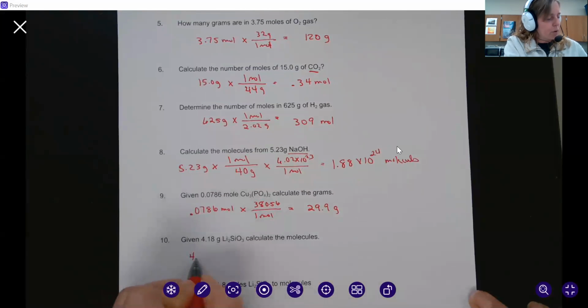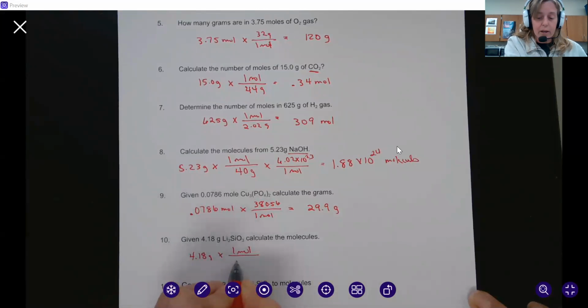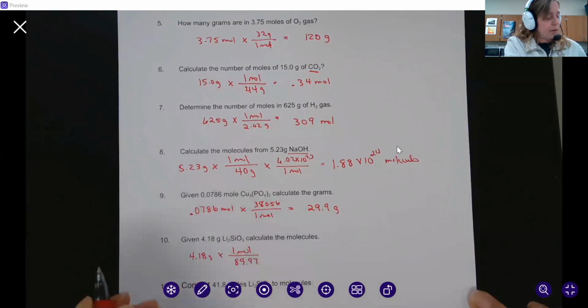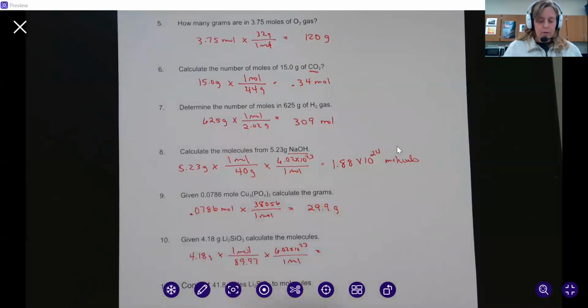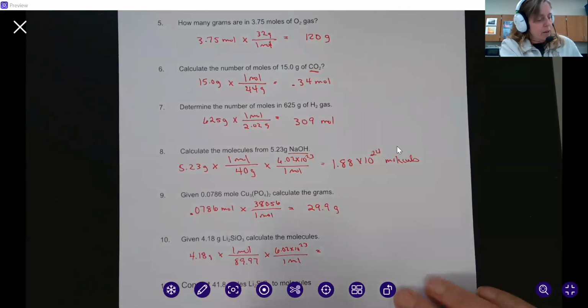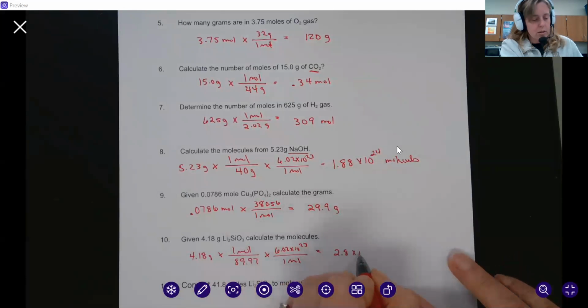And then you have 4.18 grams, and we're going to moles. So we have to divide by the molar mass of lithium sulfite, and then you're going to times by the constant to get to molecules. Okay? And you should end up with 2.8 times 10 to the 22nd molecules.